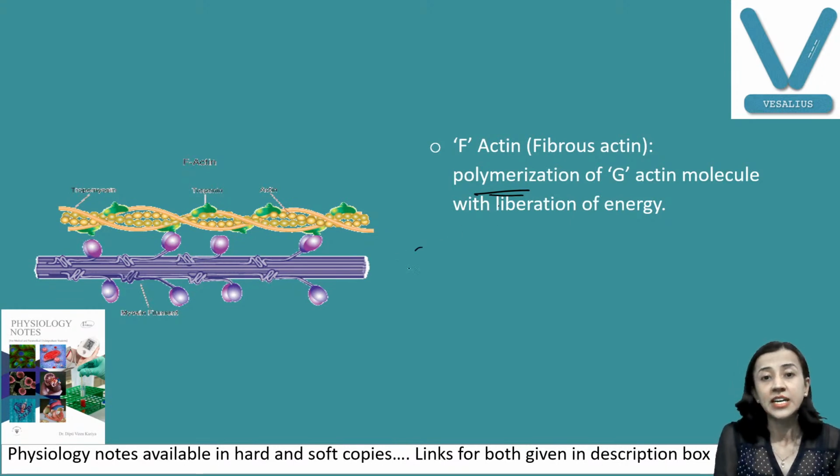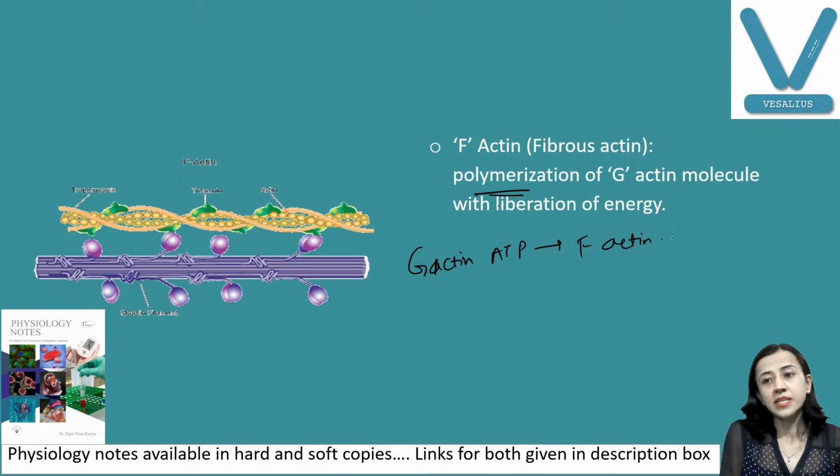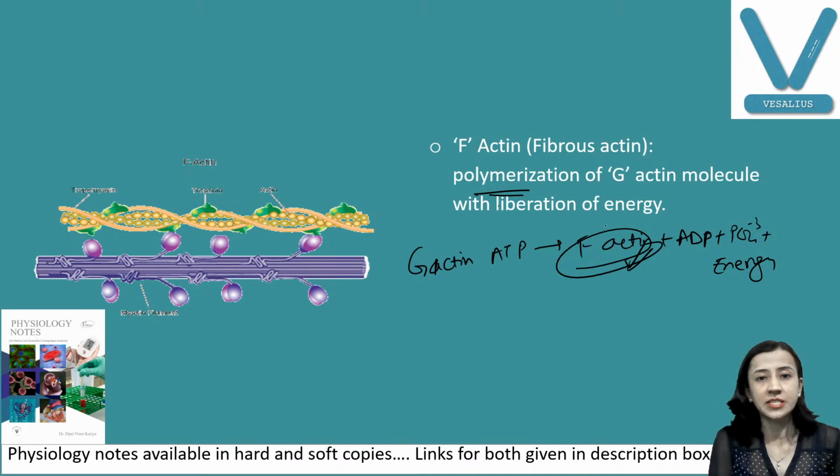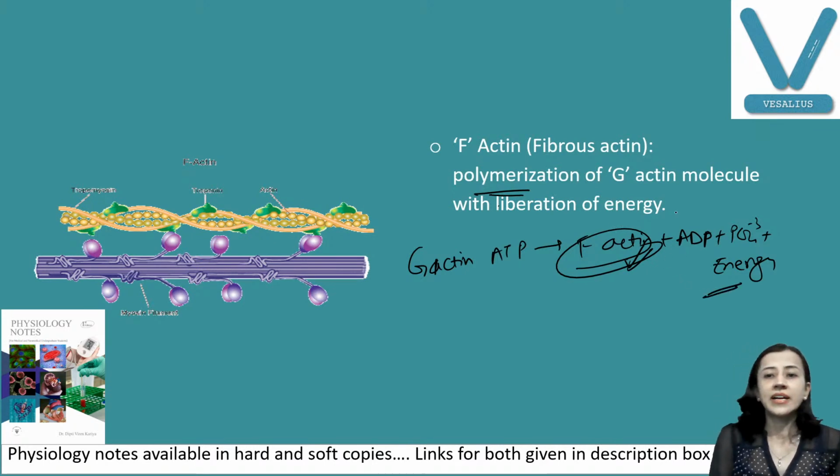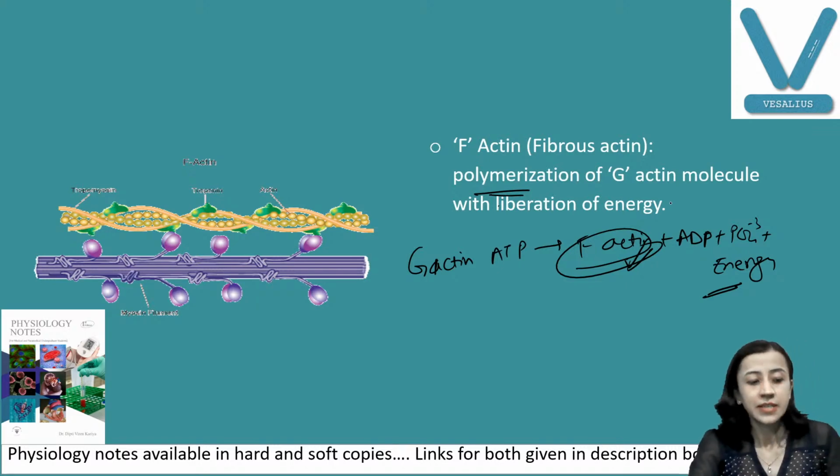So you can say G actin plus ATP forms F actin plus ADP plus phosphate plus energy. So whenever the F actin filament is formed, there is generation of energy. So this is about your actin filament.